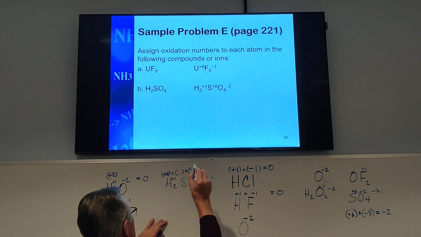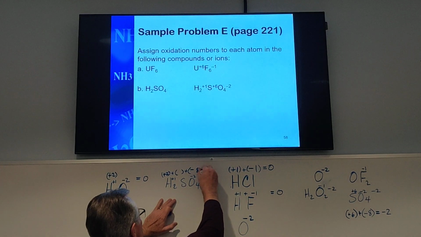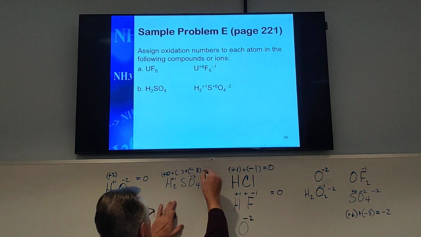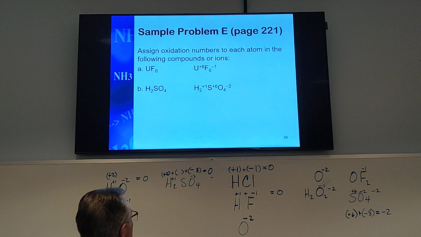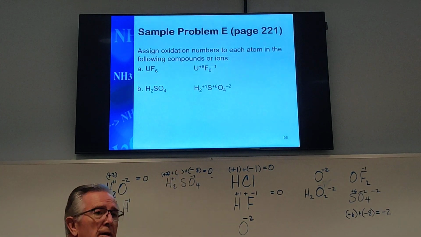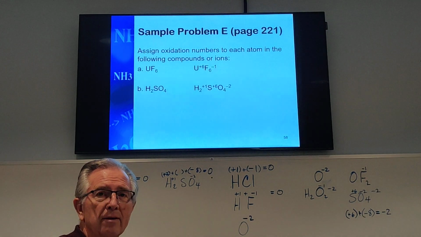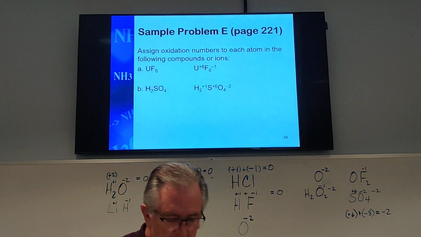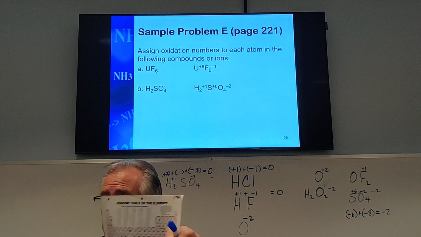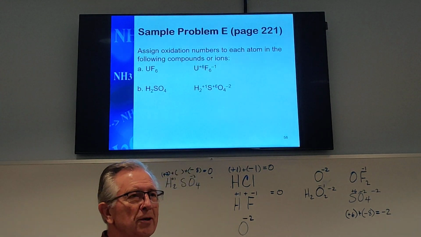Oh, by the way, what does this have to add up to? 0. It has to add up to 0 because it's not a polyatomic ion. So what does sulfur have to be? Positive 6, right, to add up. And again, you can check it on here. Yes, 6 is one of the options for sulfur, so we did it correctly.